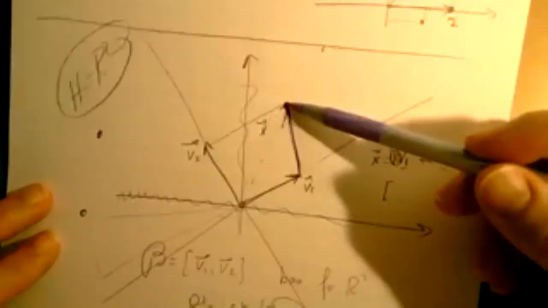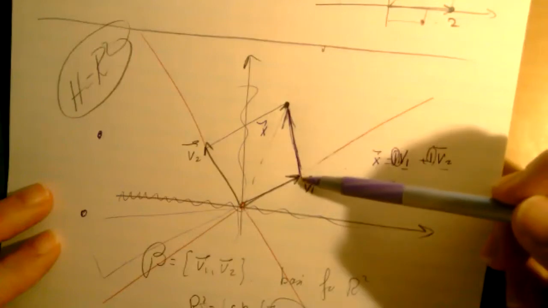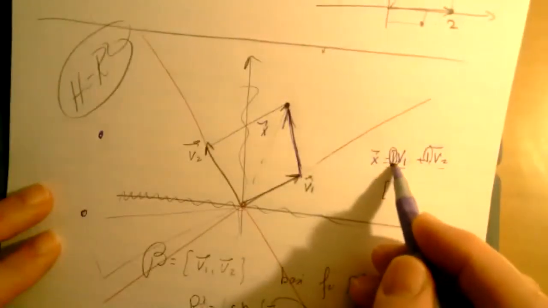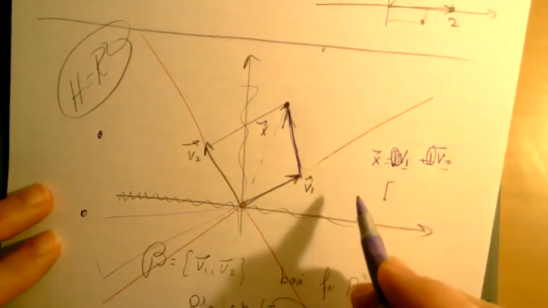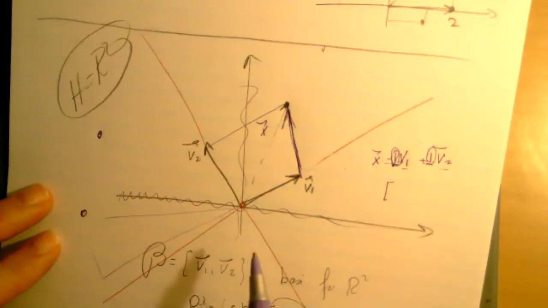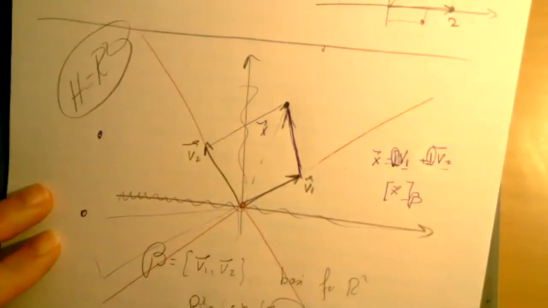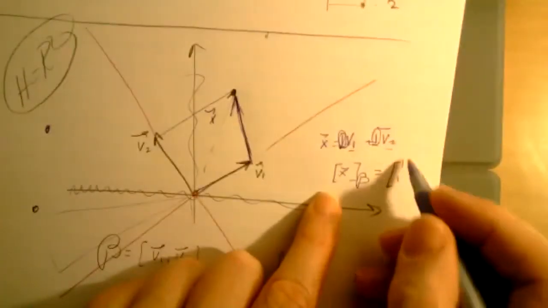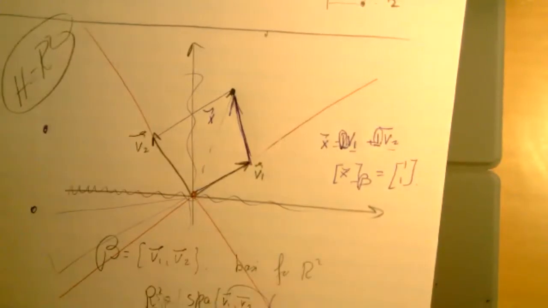I can tell you where a vector is by telling you its coordinate with respect to V1 and V2, by giving you the weights I need to get X, but the weights with respect to V1 and V2. So we're gonna call the coordinate of X with respect to the basis B, in my particular example, (1, 1).